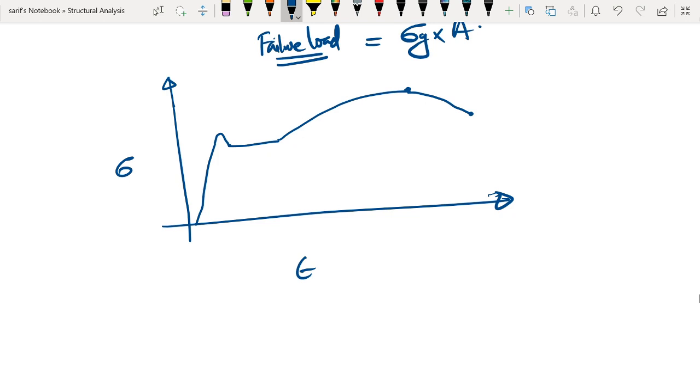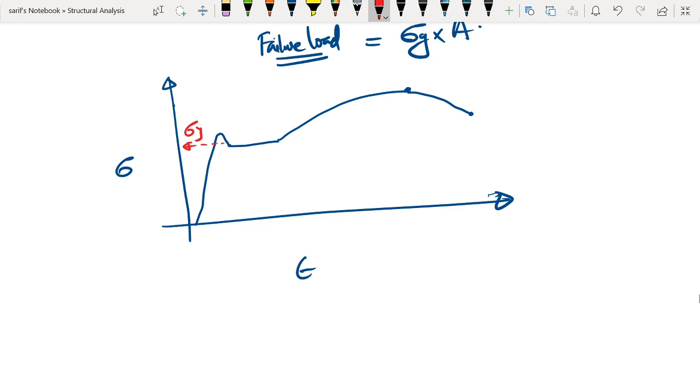So what you can see is that even after the material reaches the yield stress, this will be the yield stress. This is the yield stress. So the material reaching the yield stress doesn't mean that the material is failing. It is still capable of taking load up to the ultimate stress. So that is one factor.